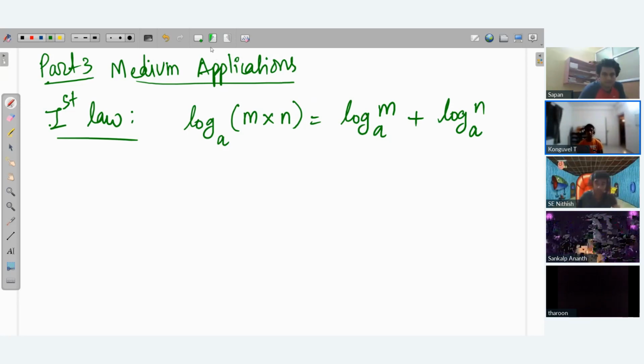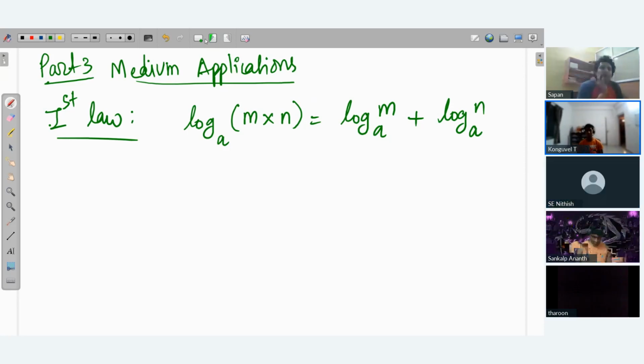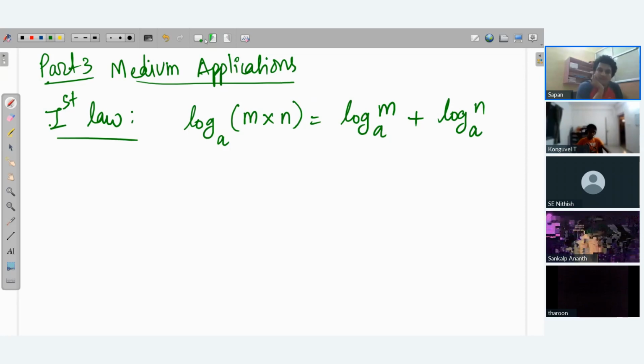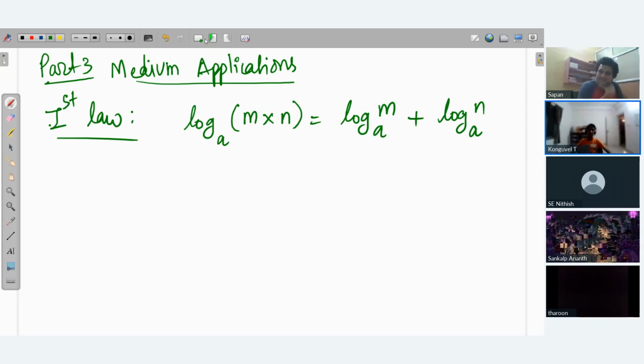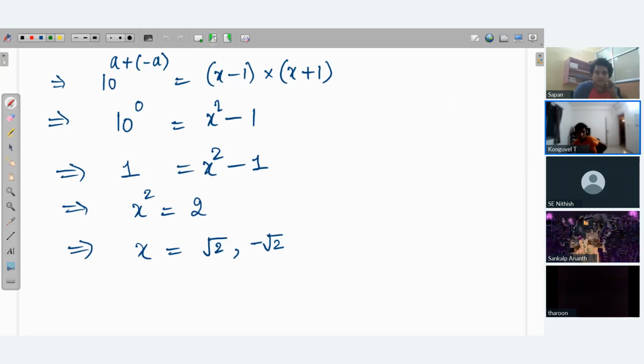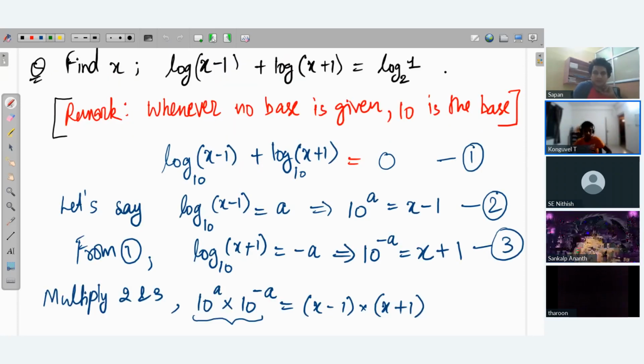I brought the logarithm to the other side, and then since log of 10 is 1, I just did that. I combined both logarithms. I did log base 10 of x plus 1 into x minus 1 equals 0, sir.